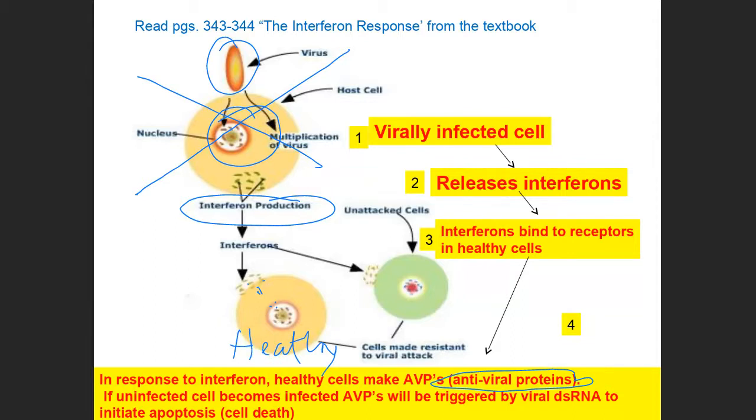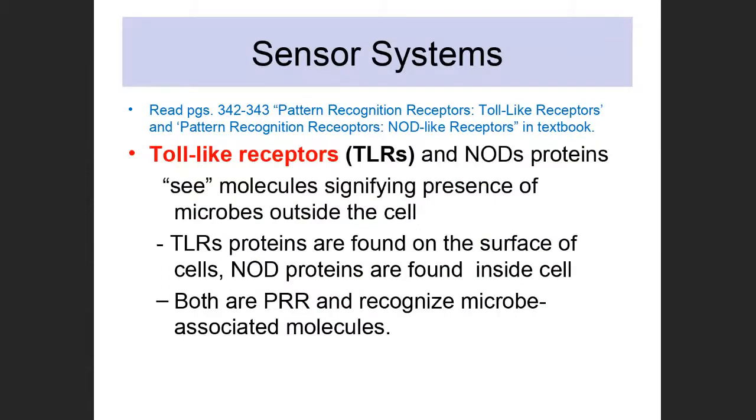If a virus happens to infect these cells, they will try to destroy the virus, and the cell will try to destroy itself, going to apoptosis or cell death. Okay, so those are the cytokines, and let's pay special attention to the interferons.